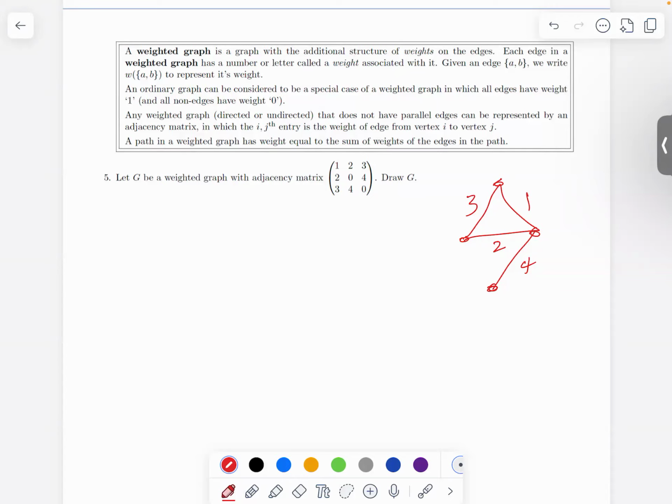It's a weighted graph. Now draw the adjacency matrix of this one.